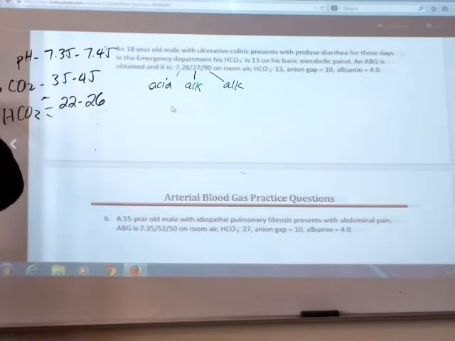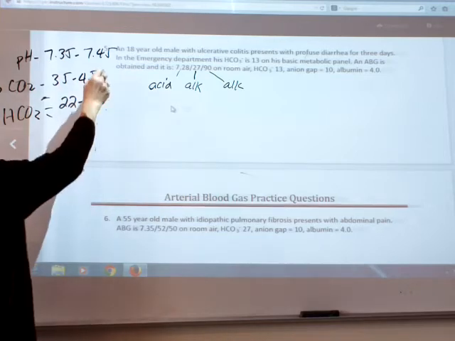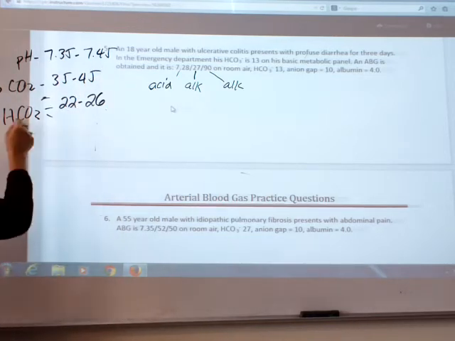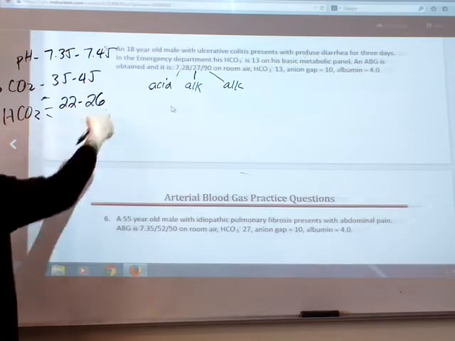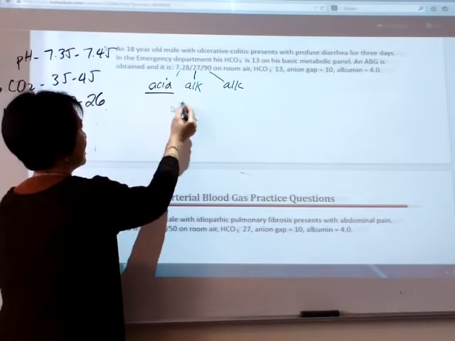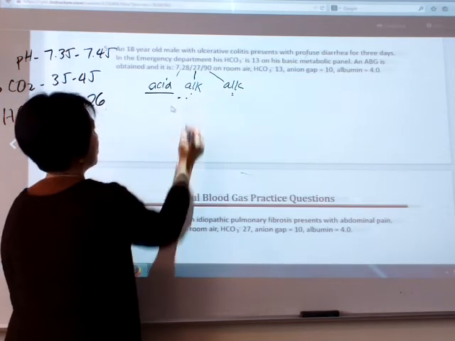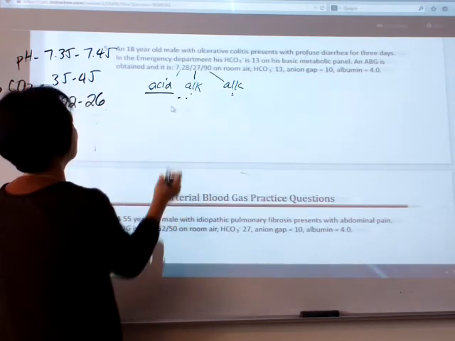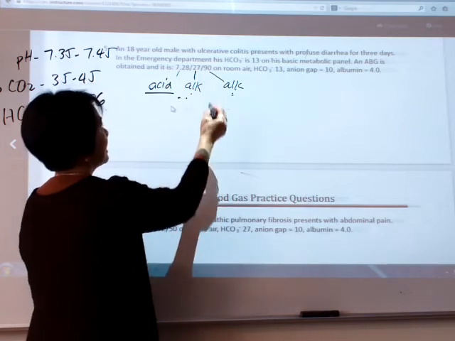If the PCO2 is low, that's alkalosis. If the PCO2 is high, it's acidosis. And here, if it's low, it's acidosis. High is alkalosis, right? So this one is acidosis. They're both alkalosis. So what are you going to write here? Metabolic acidosis.